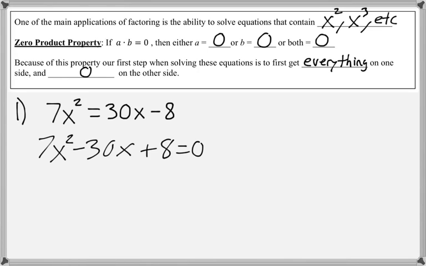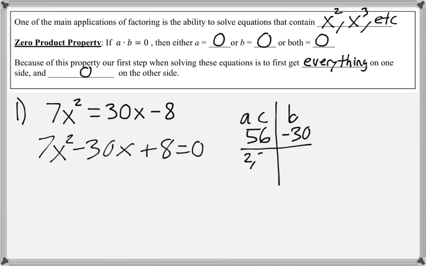And now I want to factor this. I can't take out a GCF, so I'm just going to do the AC method. So my AC is 56, my B is negative 30.